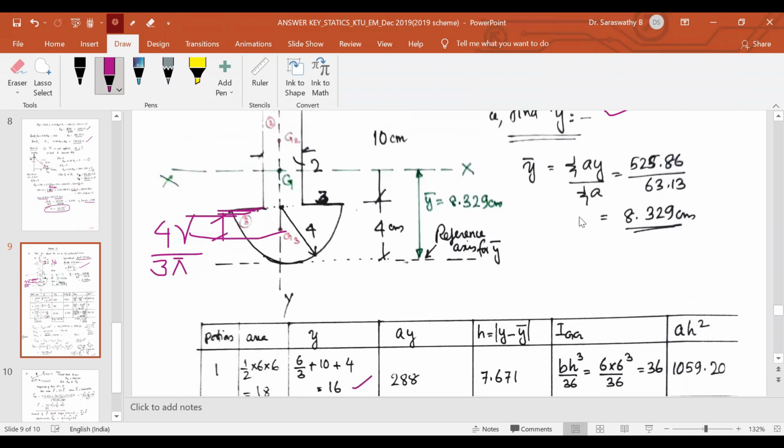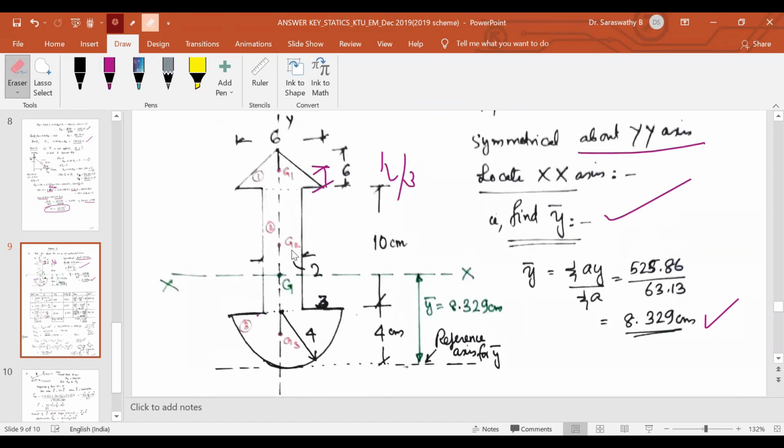Then we'll get the centroidal distance y bar equals sigma ay divided by sigma a, 8.329 centimeter. So you have located the center of gravity of the entire section, at 8.329 centimeters from the bottommost line.